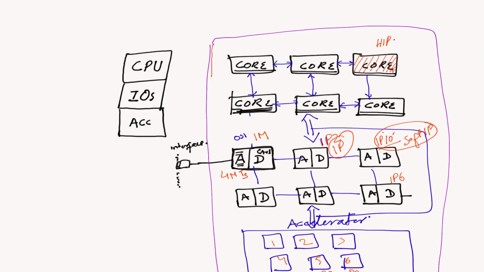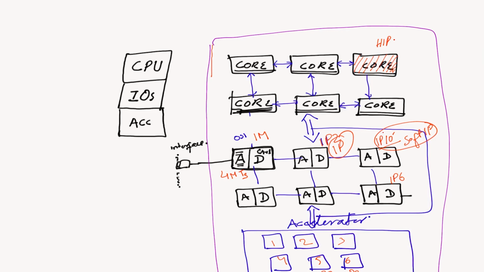So it's not possible for a designer to work at a transistor level and create this system. It's simply not possible. It's going to take years and years. So instead of working with each transistor, designers of SoC work at the gate level.